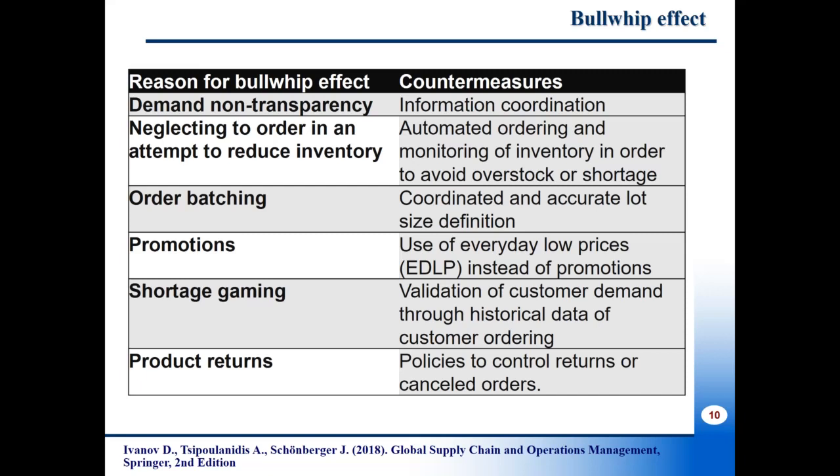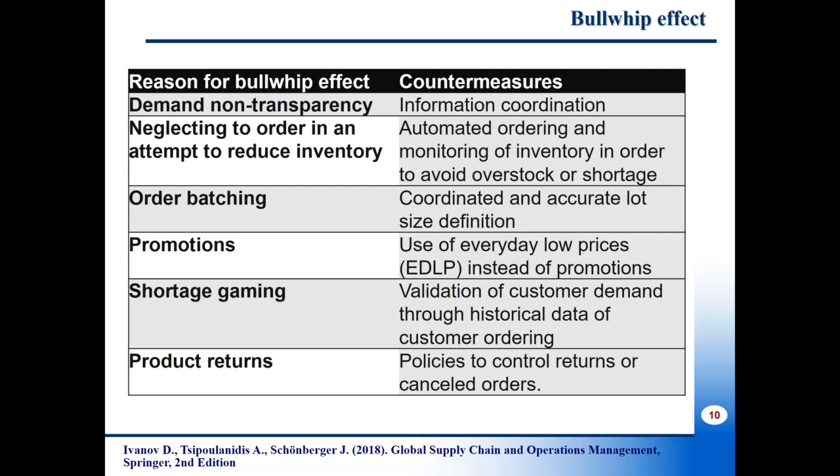Information coordination between suppliers and buyers can make demand information more transparent. Order lot size must be coordinated by considering both supplier and buyer inventory and order cost. Use everyday low prices instead of promotion. Help buyers to plan their inventory in a better way.